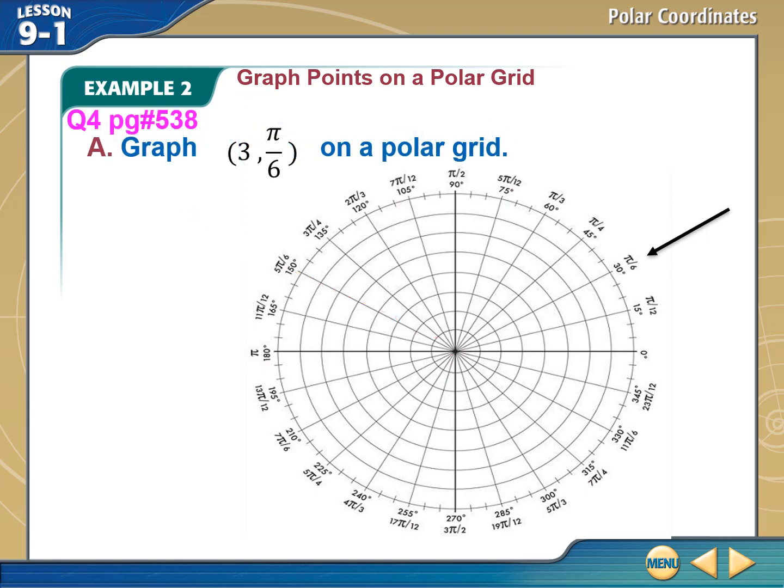Now 3 and pi by 6. Where is pi by 6? This arrow shows pi by 6, or 30 degrees. 3 means the third circle, right? Here is the first circle, then the second circle, and then you have the third circle on pi by 6.